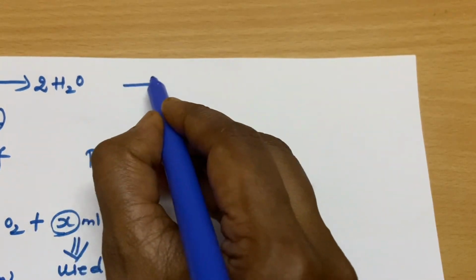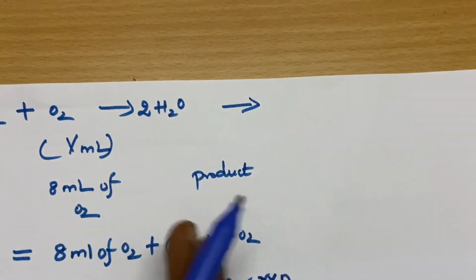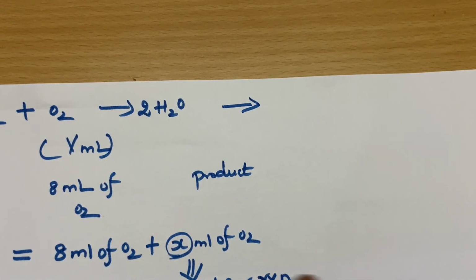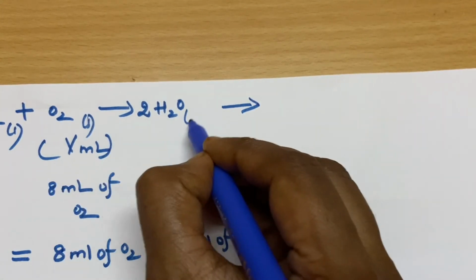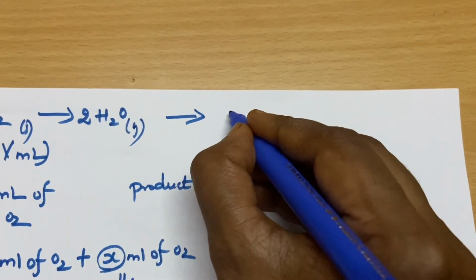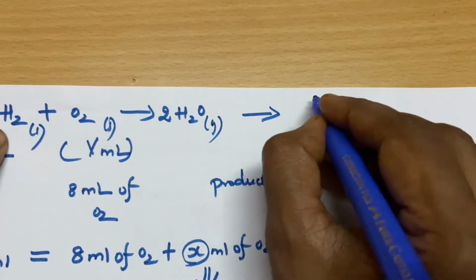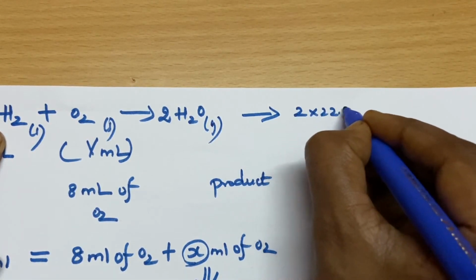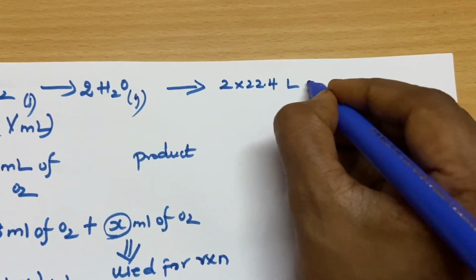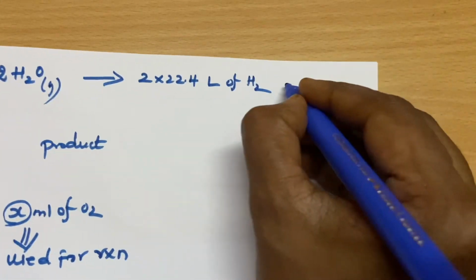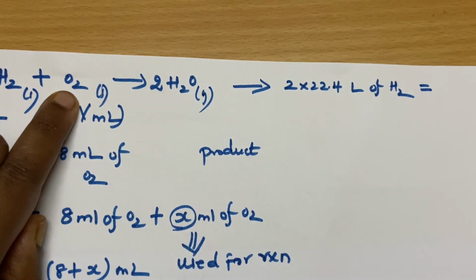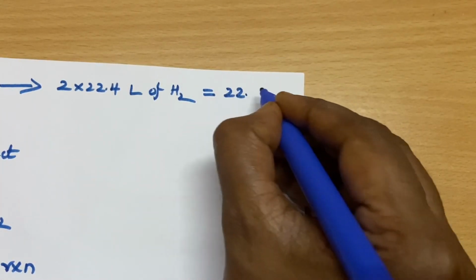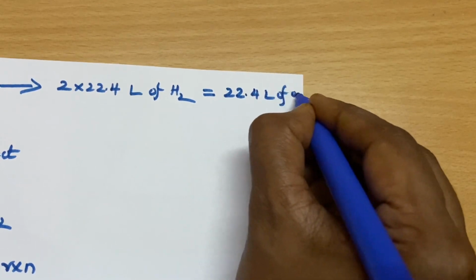See, according to this equation, since they are speaking in terms of ml and all are gaseous in nature, I am going to speak in terms of liters. So according to this equation, 2 into 22.4 liters of hydrogen requires what? 1 mole of oxygen. 1 mole of oxygen is nothing but, in terms of volume, 22.4 liters of oxygen.